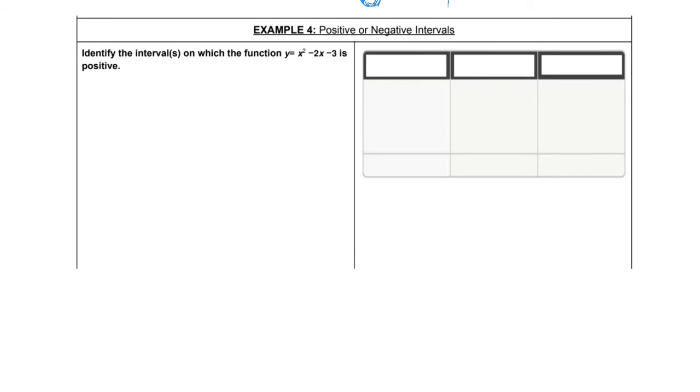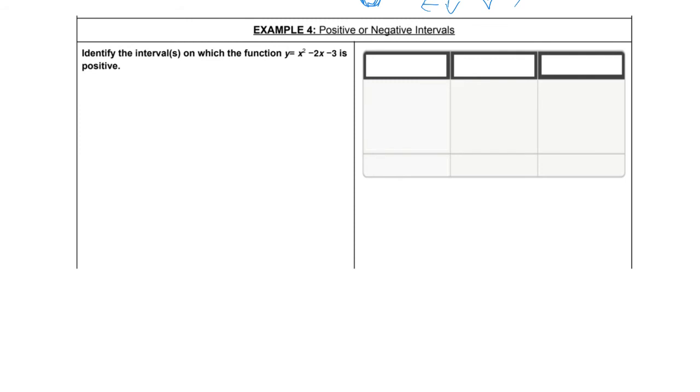And if it's concave down, it'd be the opposite. So your x-intercepts, it stays negative all the way to negative infinity, and then all the way to positive infinity. But it is positive between our two x-intercepts.